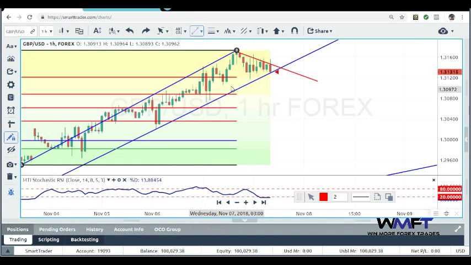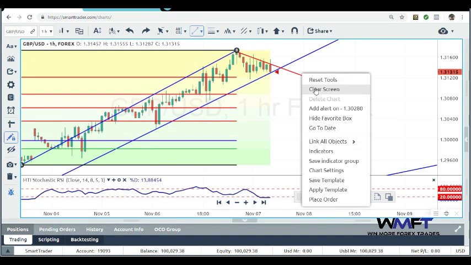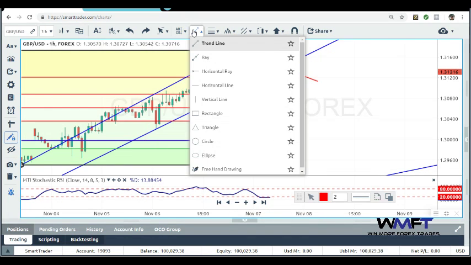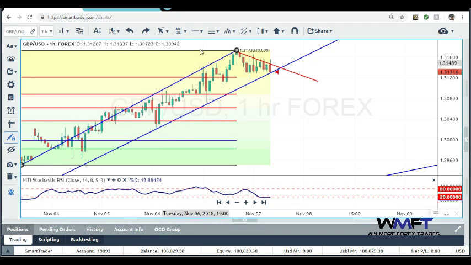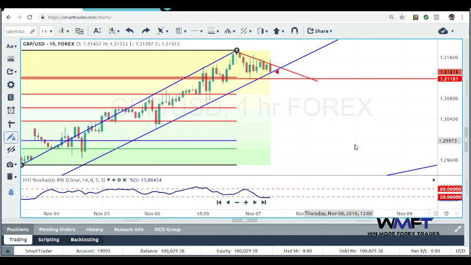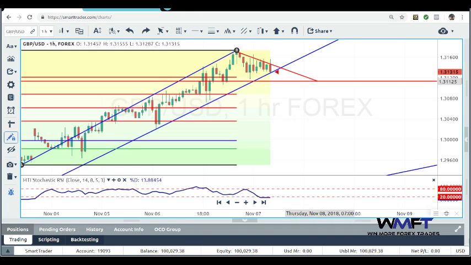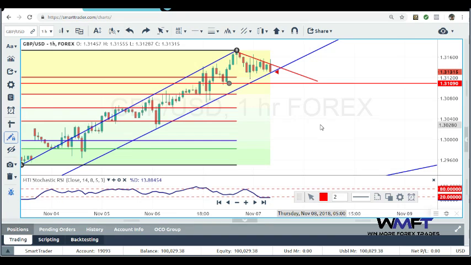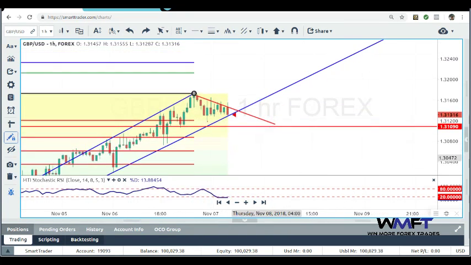So your stops will go 10 pips below this low of this candlestick. So we will go down 10 pips. That would be 3108. All right, that will be your stops.